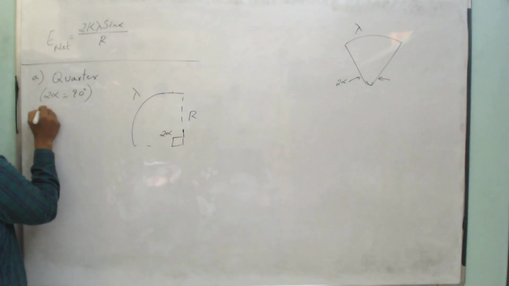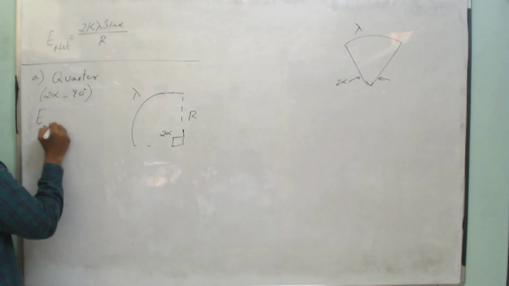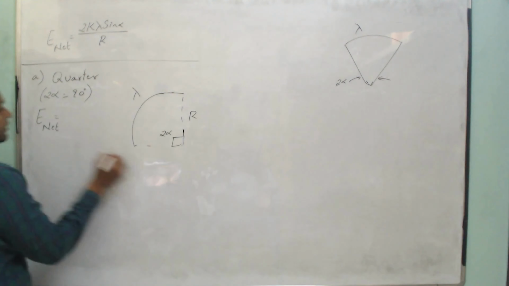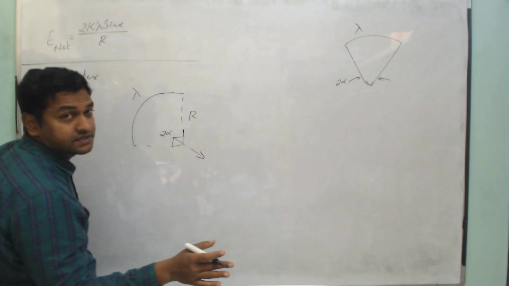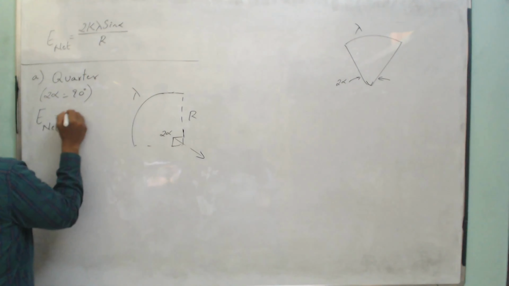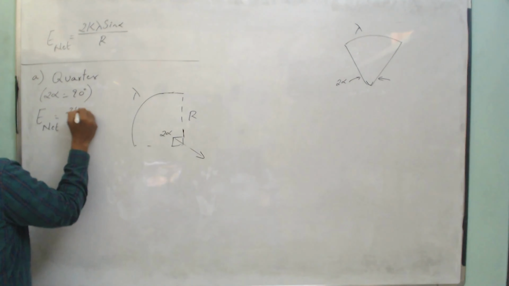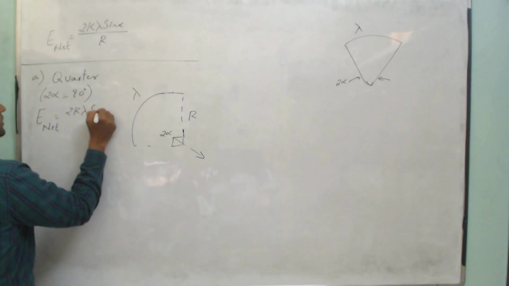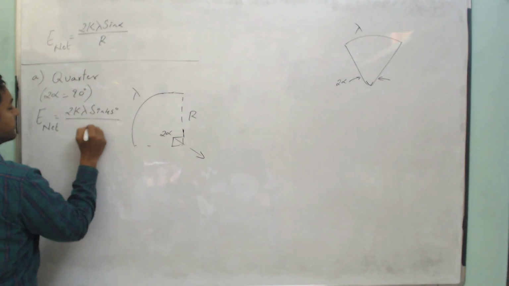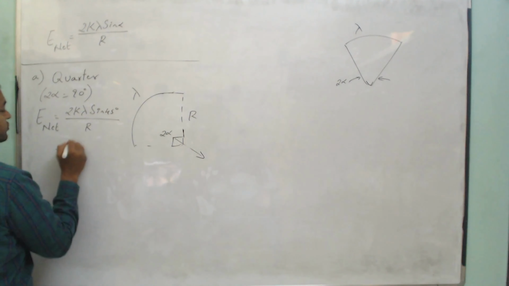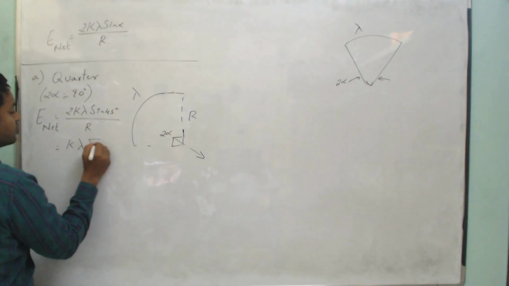Then my resultant electric field at the center will be along the angular bisector, and it will be 2k lambda sine 45 degrees, which is 1 by root 2, divided by r. So basically, I will get k lambda root 2 by r.